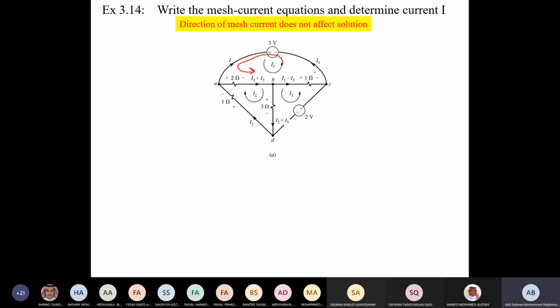So it will enter the 3 volt from the negative. So I can write it down over here: minus 3. Then I come to the 2 ohm over here. This is the 2 ohm.